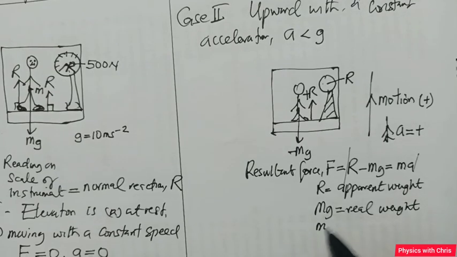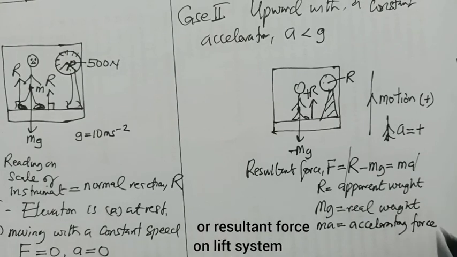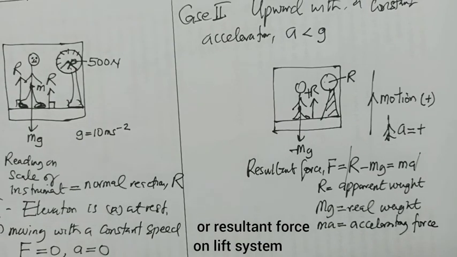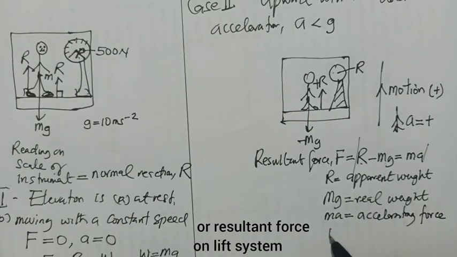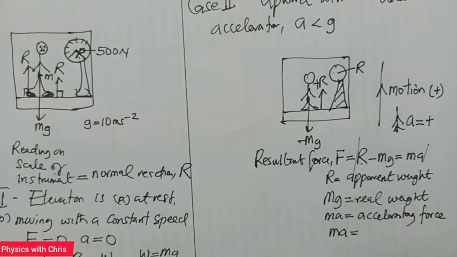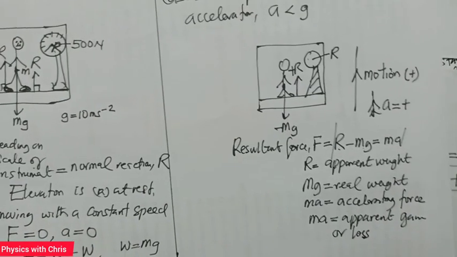Then ma is defined as the accelerating force, which is also the difference between the apparent weight and the true weight. And ma is also called the apparent gain or loss of weight, depending on the direction of motion.